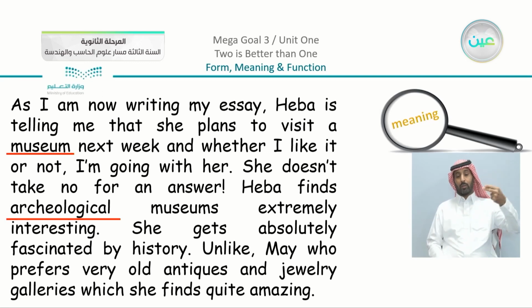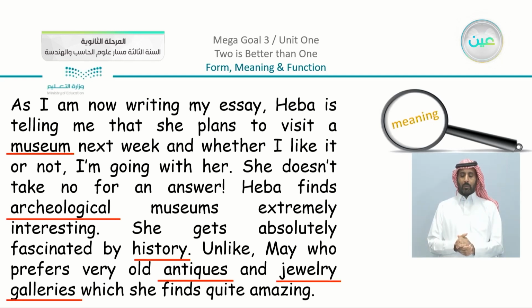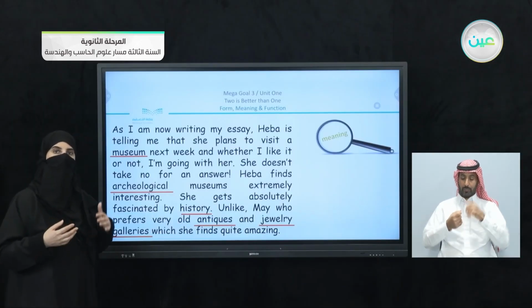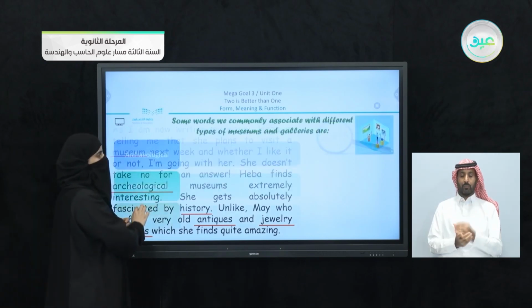Hiba finds archaeological museums extremely interesting. She is fascinated by science, unlike May, who prefers very old antiques and jewelry. So we have here these words. Now all of these words, they are connected to museums, to galleries. Now we're going to talk about this a little bit more in our lesson.